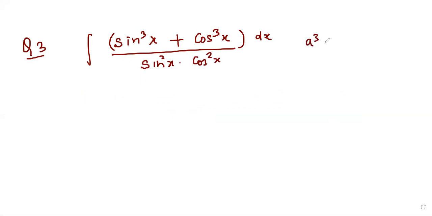Formula a cube plus b cube is equal to a plus b times a square minus ab plus b square. So that formula we can apply here.